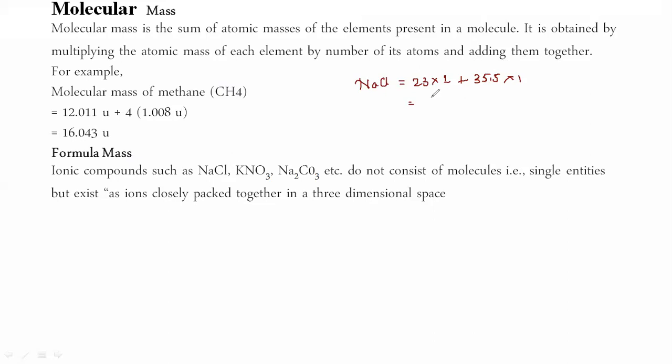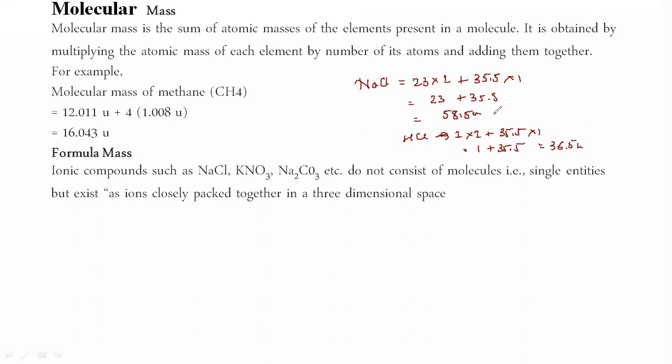We get 23 plus 35.5. So how much? It is 58.5. This is formula mass. Even for HCl, the atomic mass of hydrogen is 1 into 1, plus 35.5 into 1. So it is 1 plus 35.5, which is equal to 36.5 U.